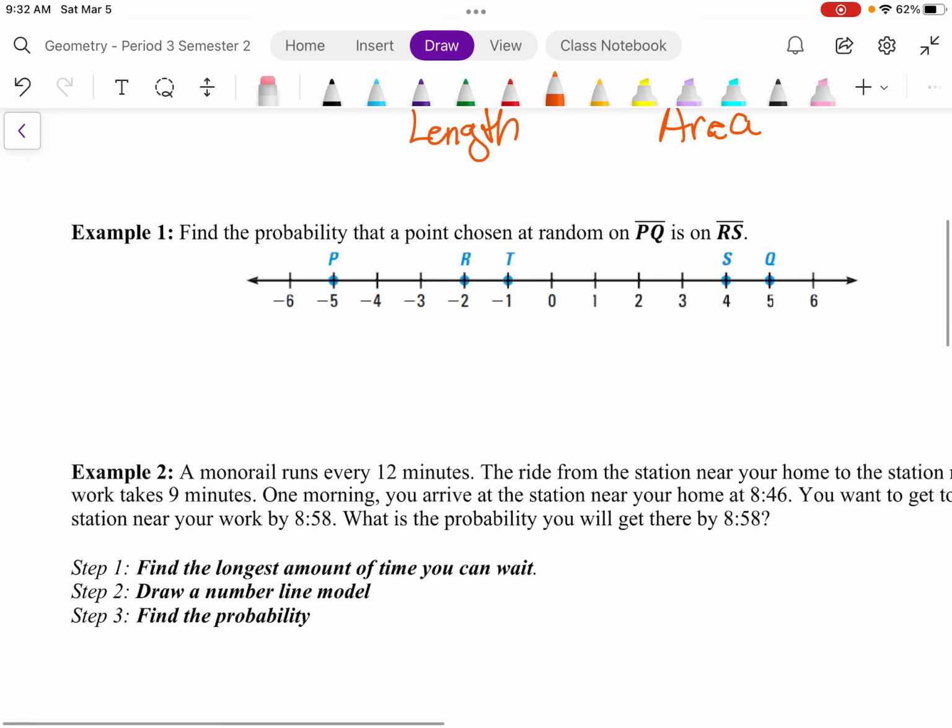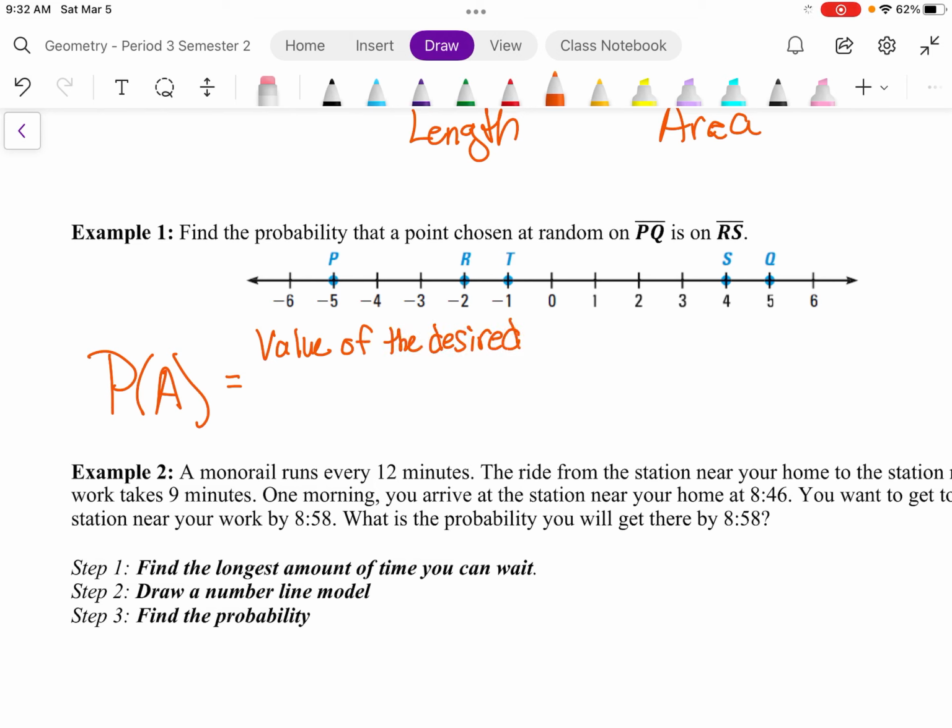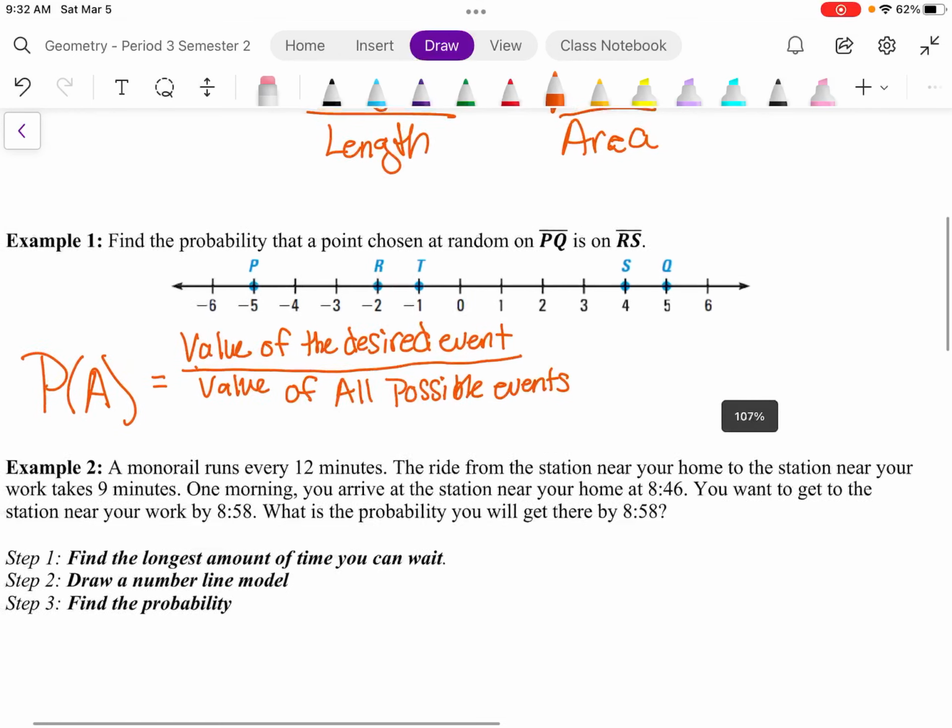So when you're writing the probability of an event, that is going to be equal to the number or value of the desired event over the value of all possible events. So what that looks like in this example.